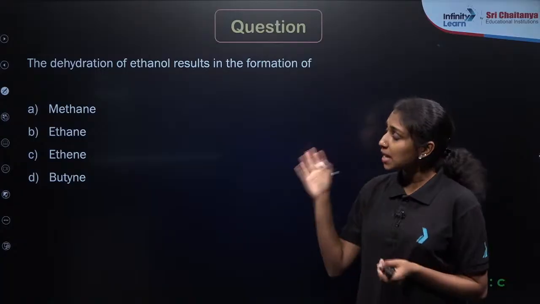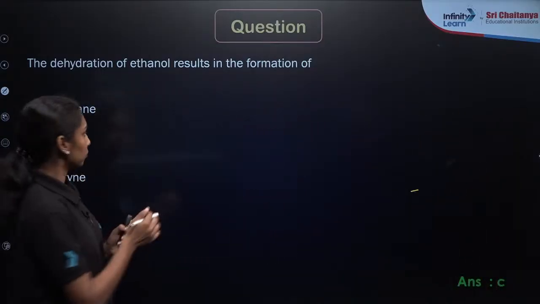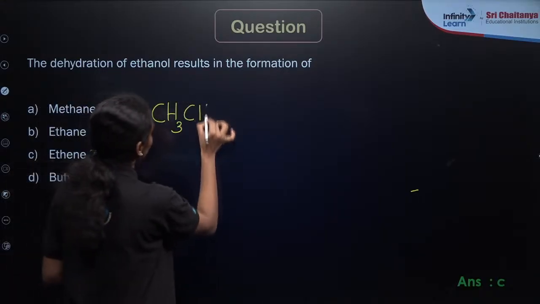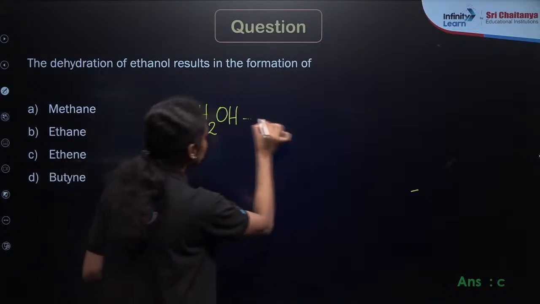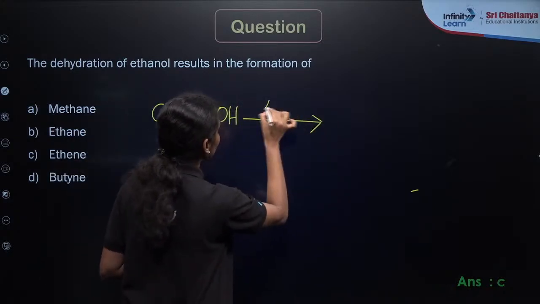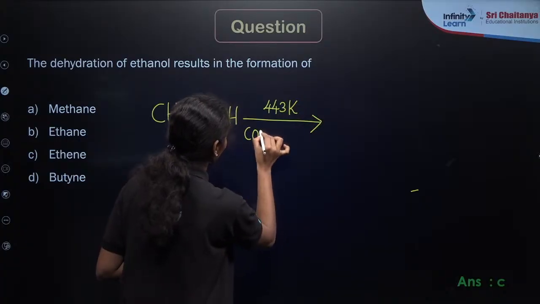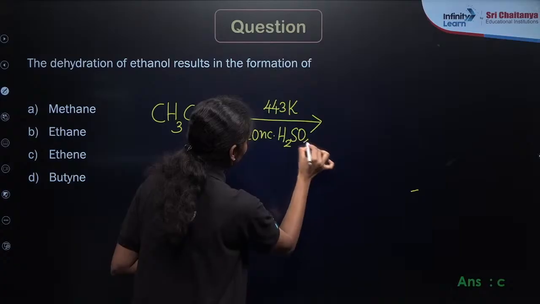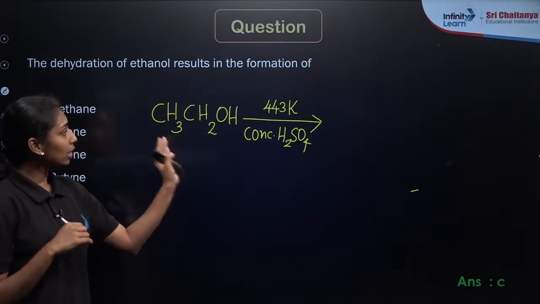So, what is the specialty of this reaction? This is our ethanol molecule, right? Whenever I am heating this ethanol molecule at 443 Kelvin in the presence of concentrated sulfuric acid, what we are observing here is that the OH group from this carbon and one of the hydrogens from the first carbon are released as a water molecule.